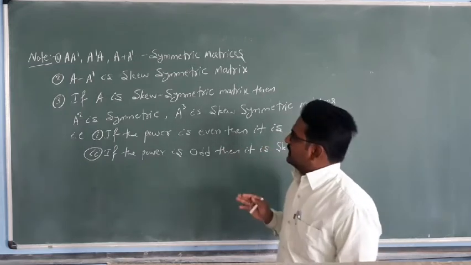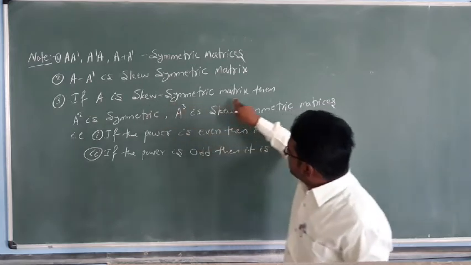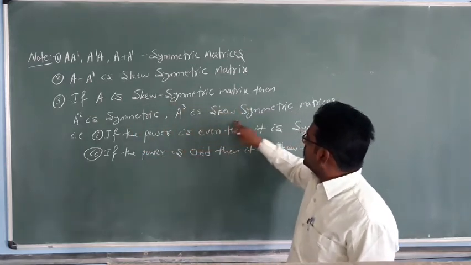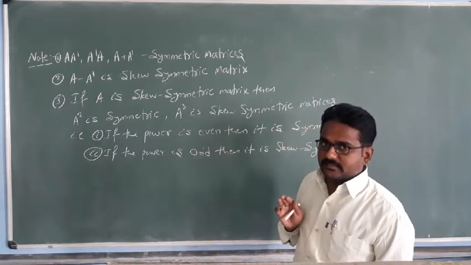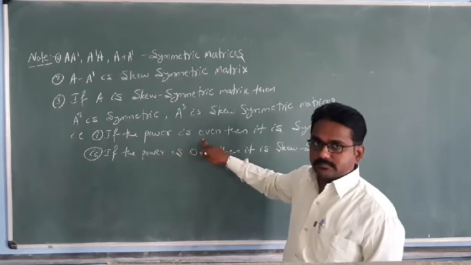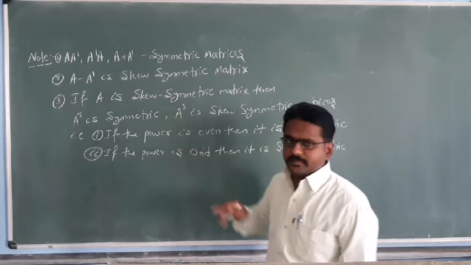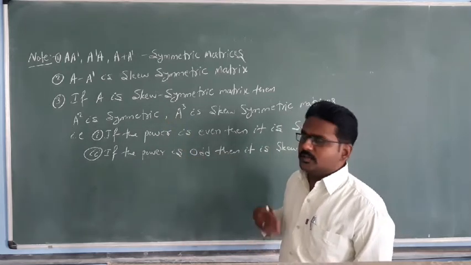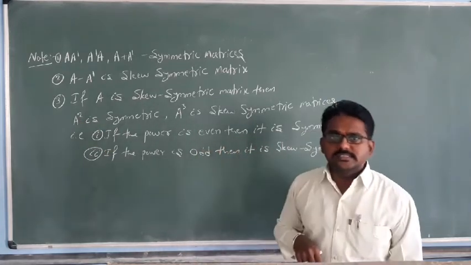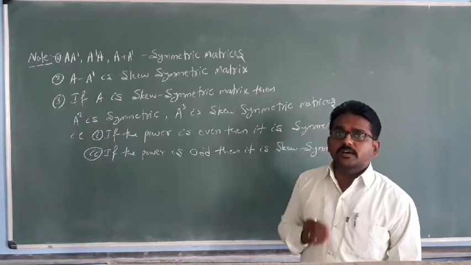So in general, if A is a skew symmetric matrix, then A square is symmetric, A cube is skew symmetric matrix. That is, if A is skew symmetric and I multiply A into A, that is A square, A to the power 2, 2 is the even power.